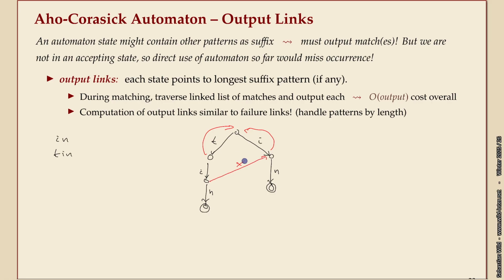Now suppose you read in the text and you find TIN, then I would return the match for tin, because that's what this node stands for. But I would forget that there's also a match for in. And this could be worse in that maybe this tin is not in, but is Tina.